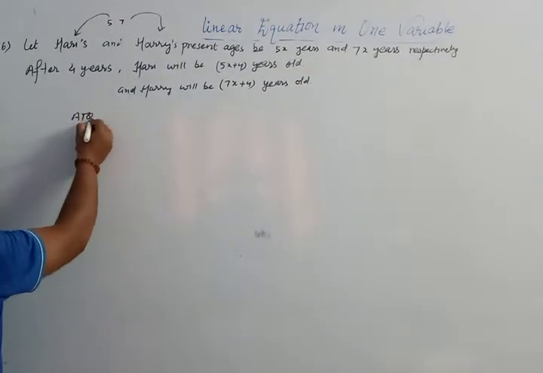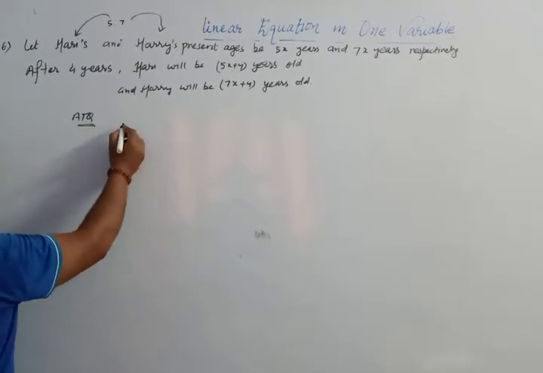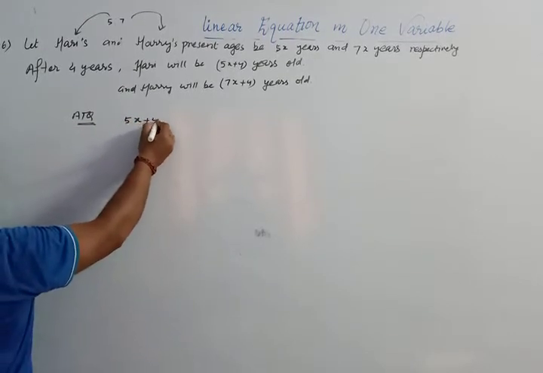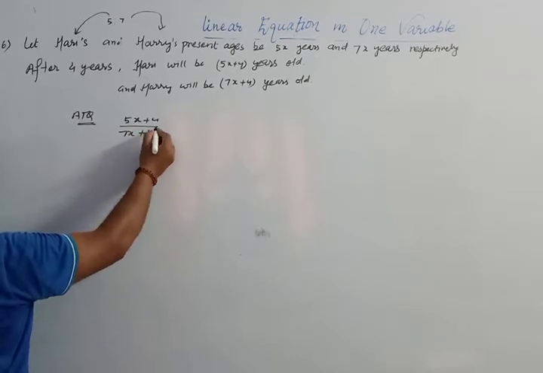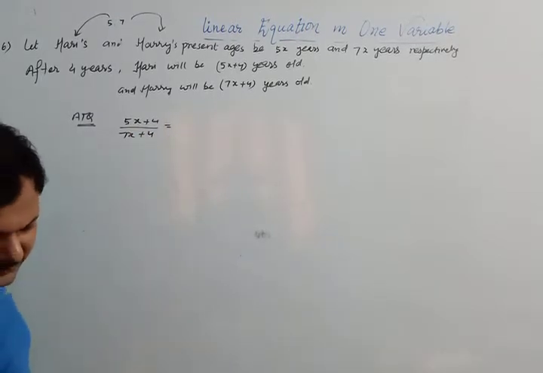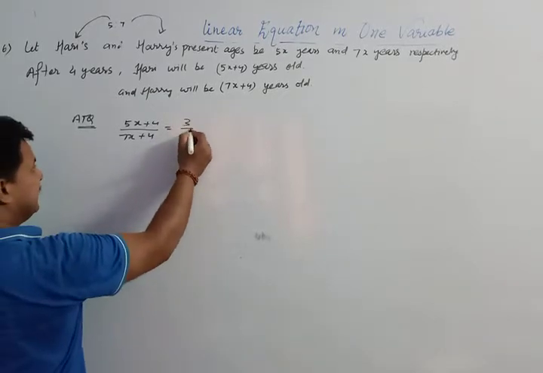According to the question, Hari's age is this, Harry's age is this, and their given ratio is 3:4. Now the ratio has been changed.